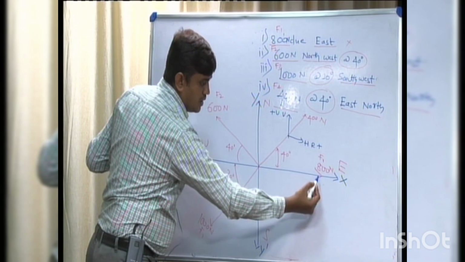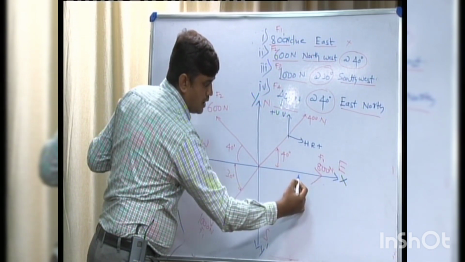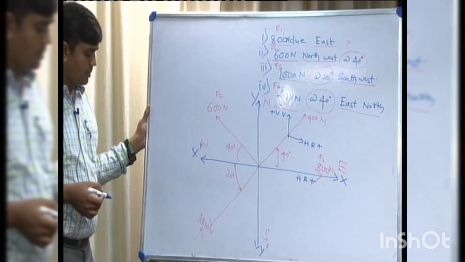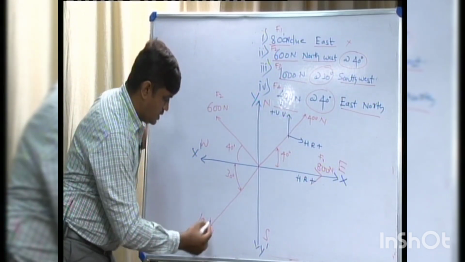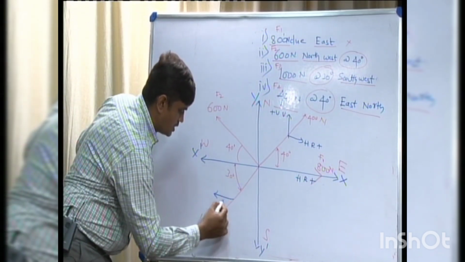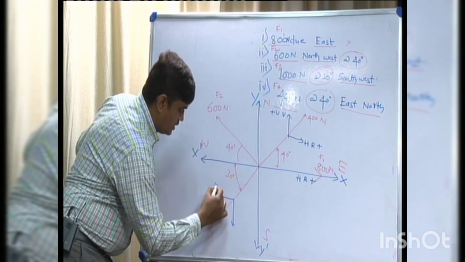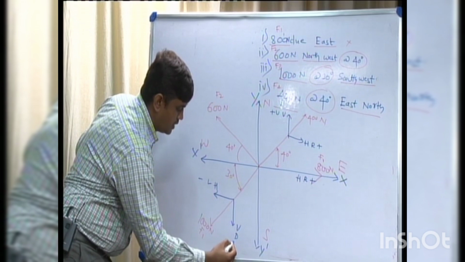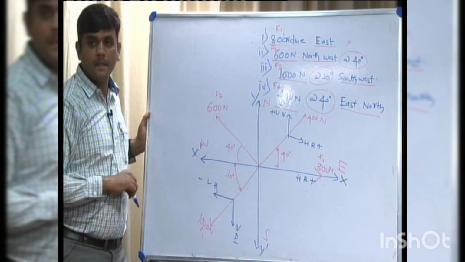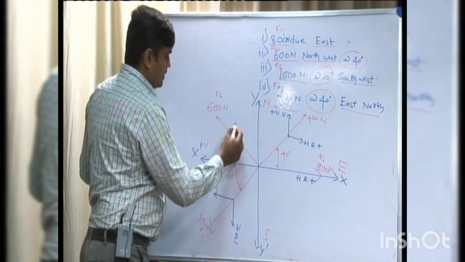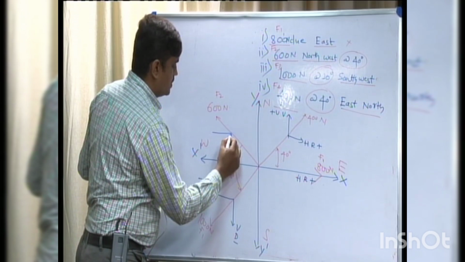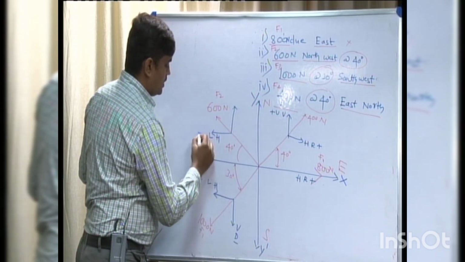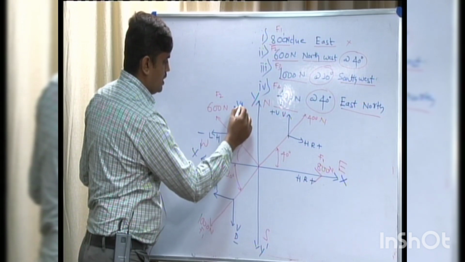It has only a horizontal component. Horizontal, right, positive. Come to the force which is located in the third quadrant. Resolve the forces horizontal, vertical. Observe the direction. It is left negative, down negative. Next, resolve the forces: horizontal, left negative, vertical, up positive.